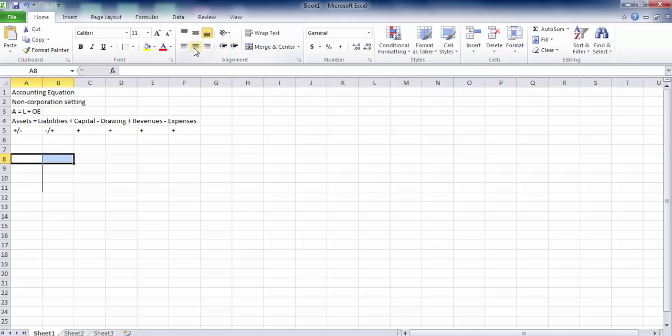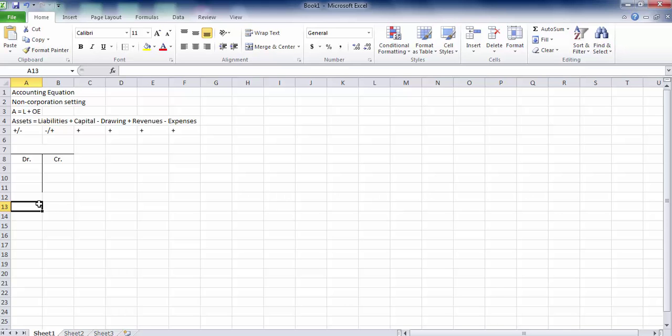So the debit side is always on the left and the credit side is always on the right. Without a doubt, always the situation. Okay, debits are always on the left, credits are always on the right. So let me put that here underneath so that you can see what I mean. Think of Washington, D.C. You know, the D comes before the C.